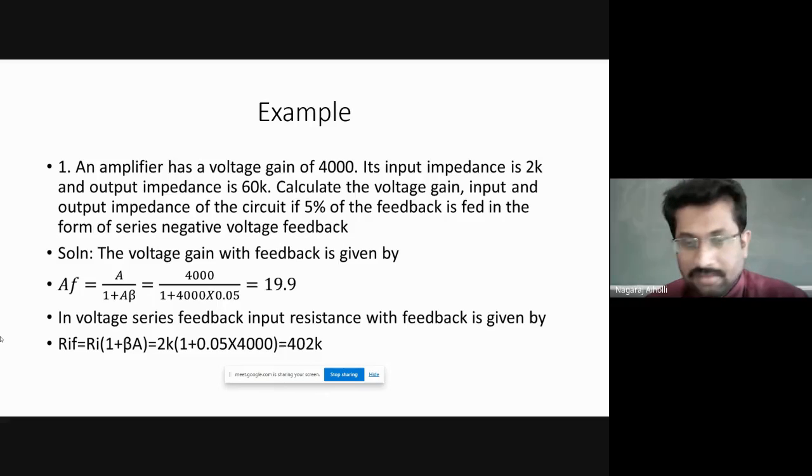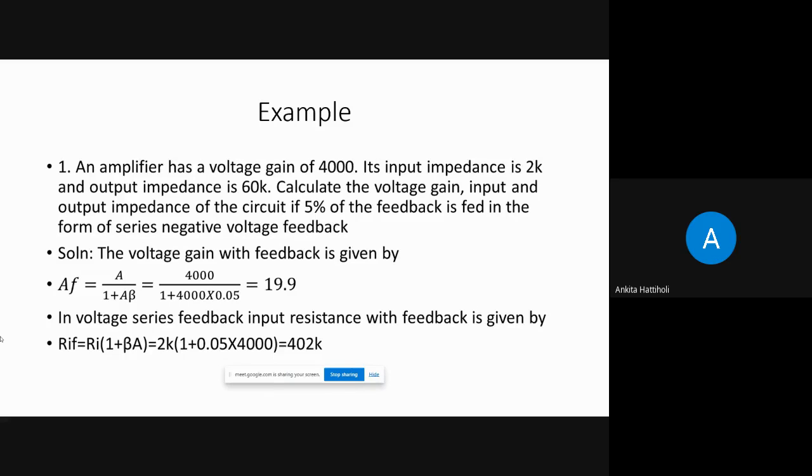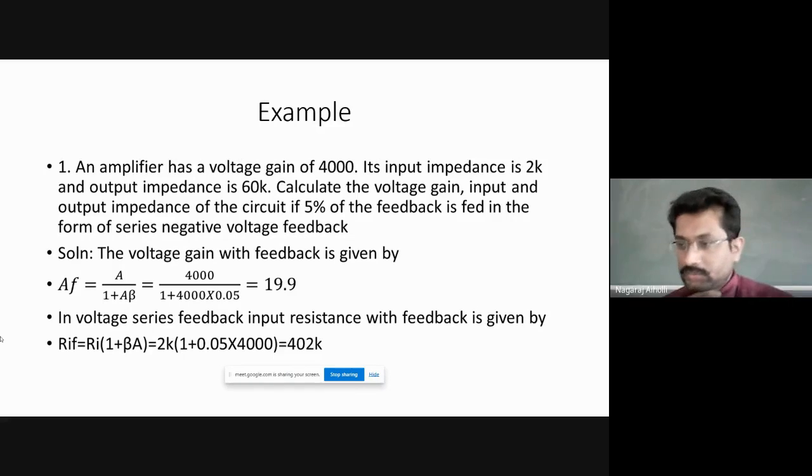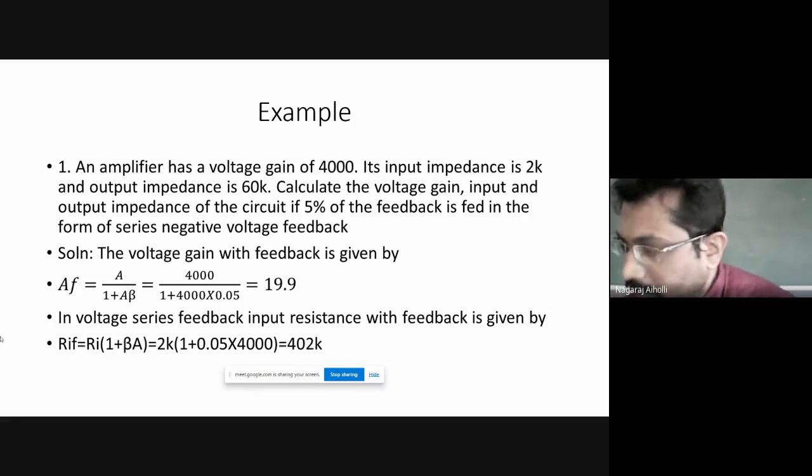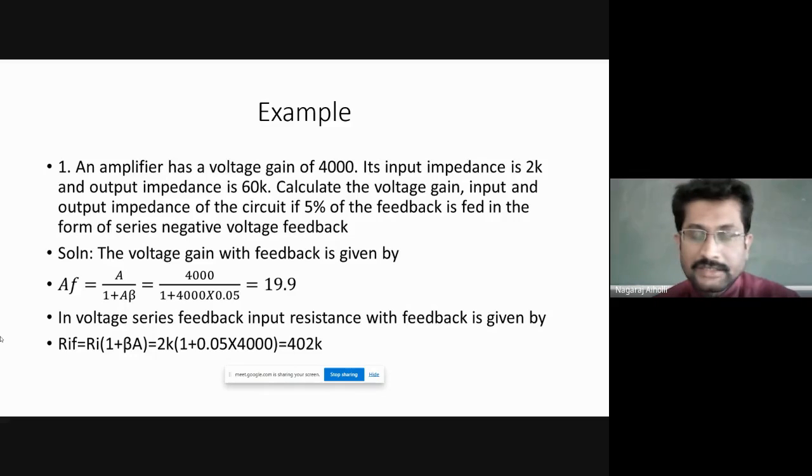Correct or not? Ankita? No, sir, I'm getting 402 only. But it is 39.8k. Please make the correction there. It is 39.8k. Just check one more time. Anybody getting a different answer?